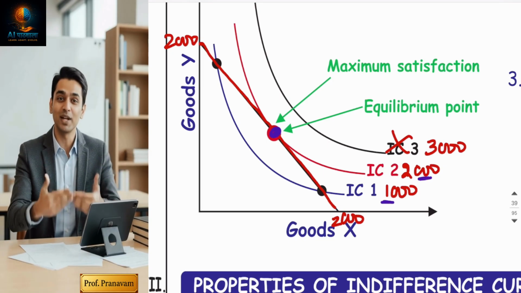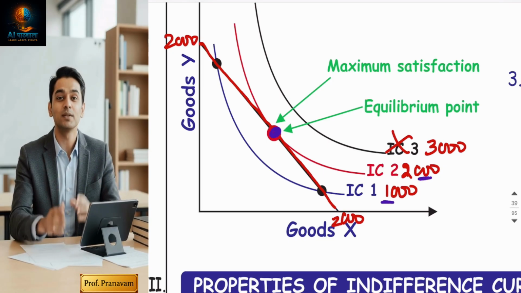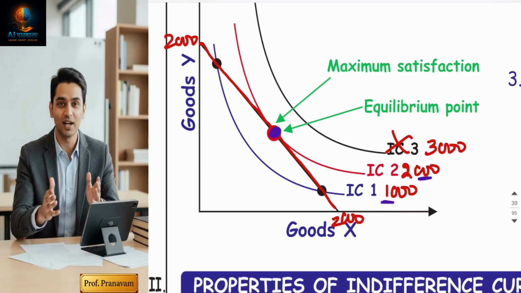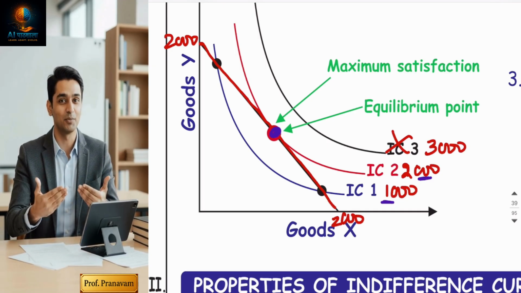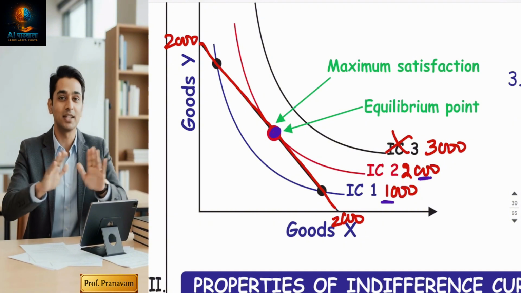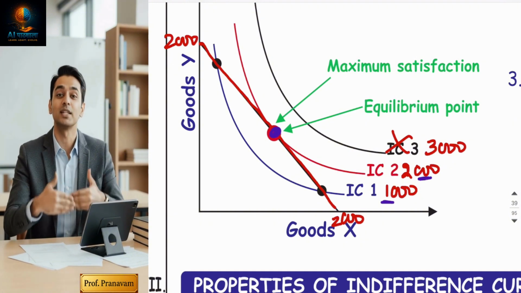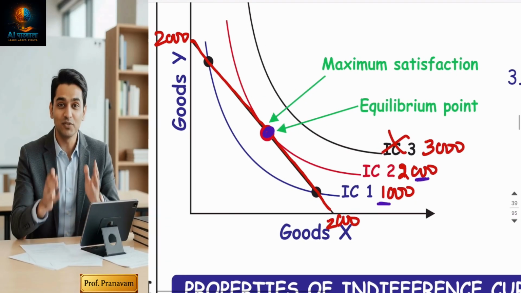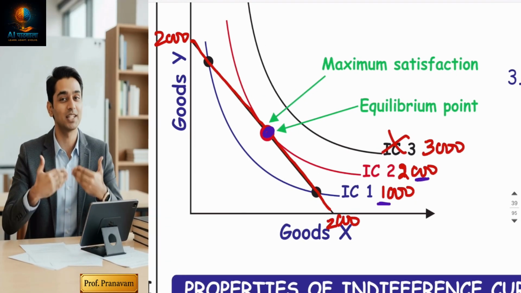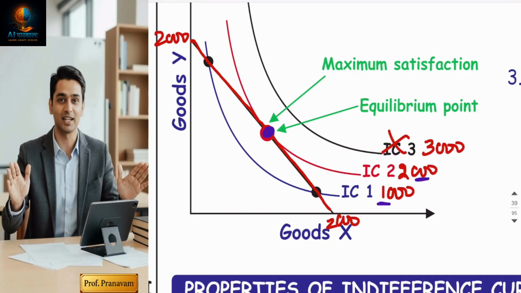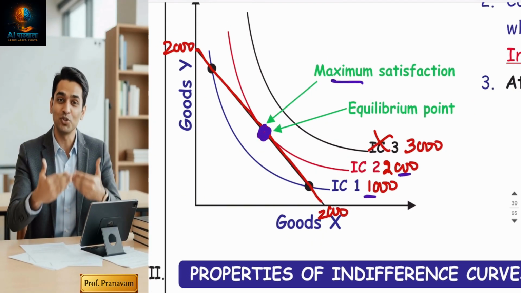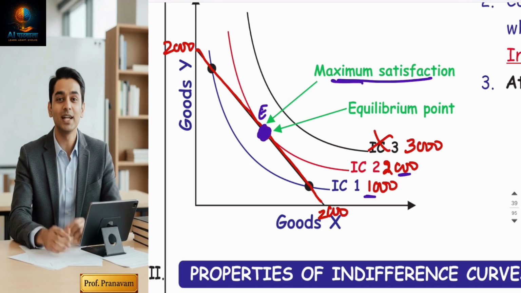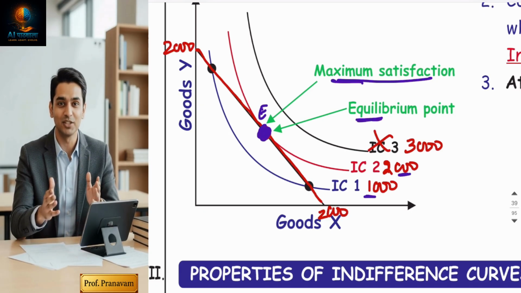If you purchase any combination on IC1, it indicates you want to save, and there should not be saving. And IC1 gives lower satisfaction compared to IC2. The purpose of this theory is that you should derive maximum satisfaction. So IC2 is the only possible curve on which, with 2000 rupees, the consumer will get maximum satisfaction. That's why the E point on IC2 is called the maximum satisfaction point as well as the equilibrium point.